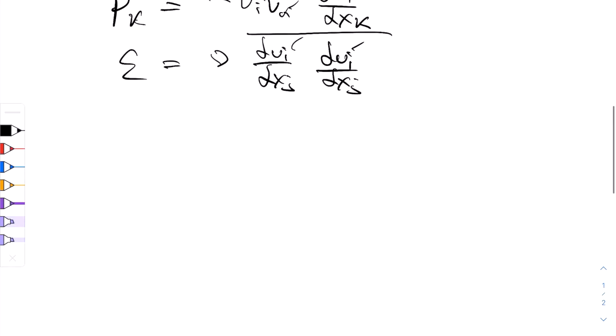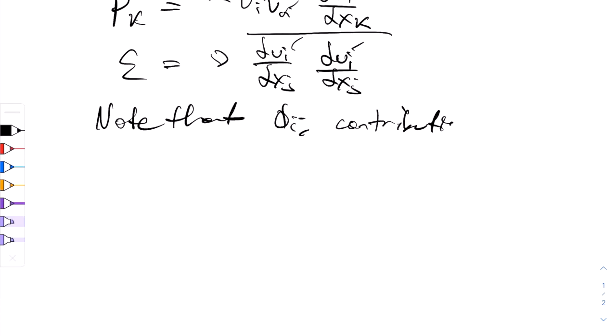Now you'll note that the Φ_ij contributions vanish. Why? Well, these terms serve to redistribute the energy among the different components of the Reynolds stress.